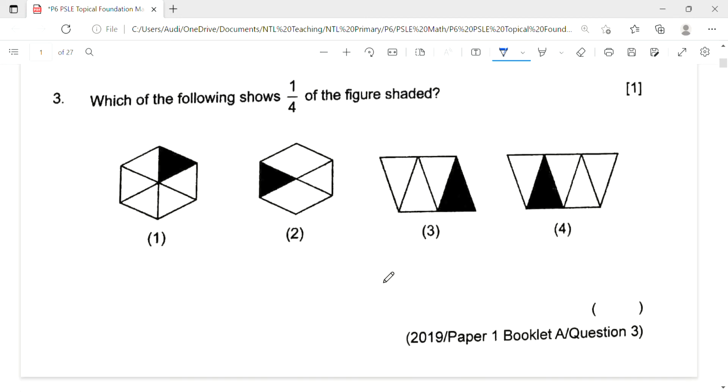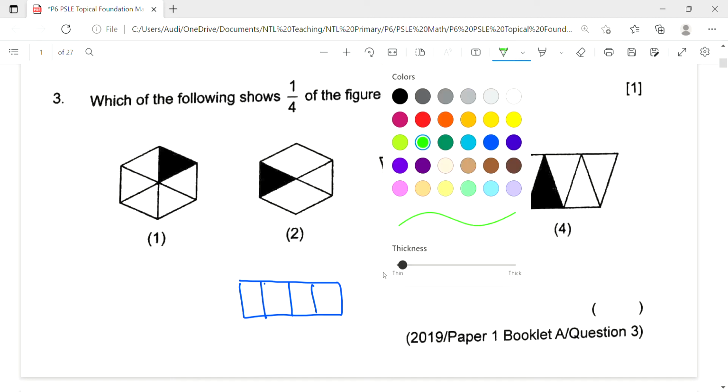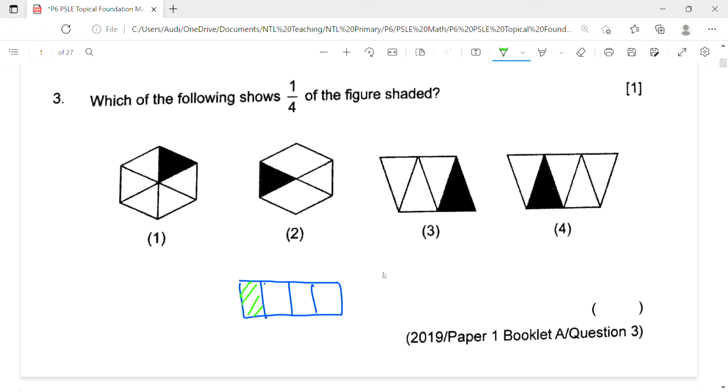Number 3. Which of the following shows 1/4 of the figure shaded? When we talk about 1/4 of a figure, it means that you have 4 equal parts and 1 part is shaded. So we look at number 1, how many parts are there? 1, 2, 3, 4, 5, 6.